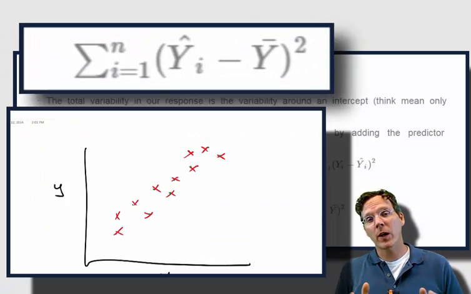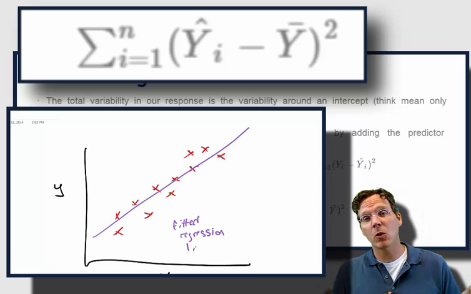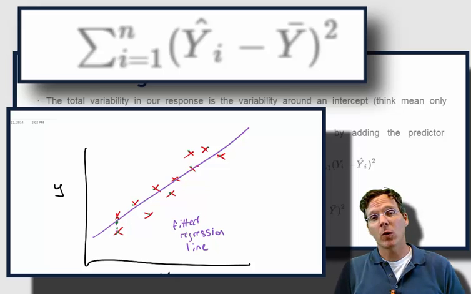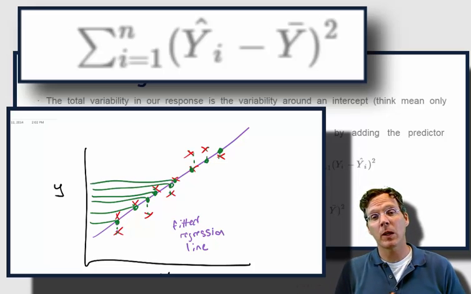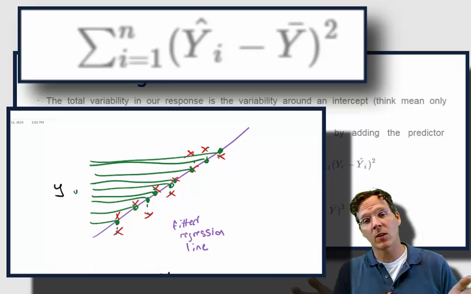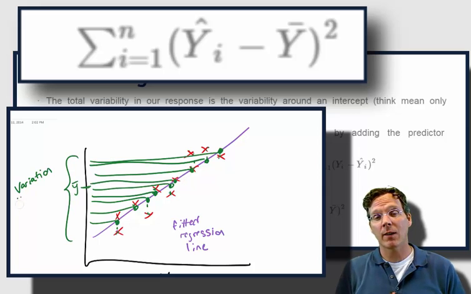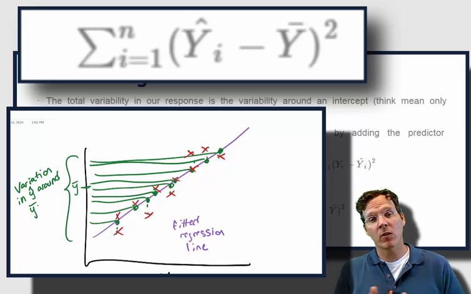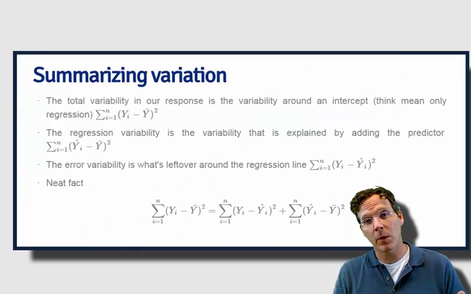Well, we might call the regression variability the component of that variability that then gets explained away by the regression line. So we would take the points on the regression line, the heights, and that's the variability in the response that's simply explained by the regression line. And let's take how much that deviates around the average. So that's the regression variability. Then everything that's left over is that variation around the regression line, and that's the residual variability.